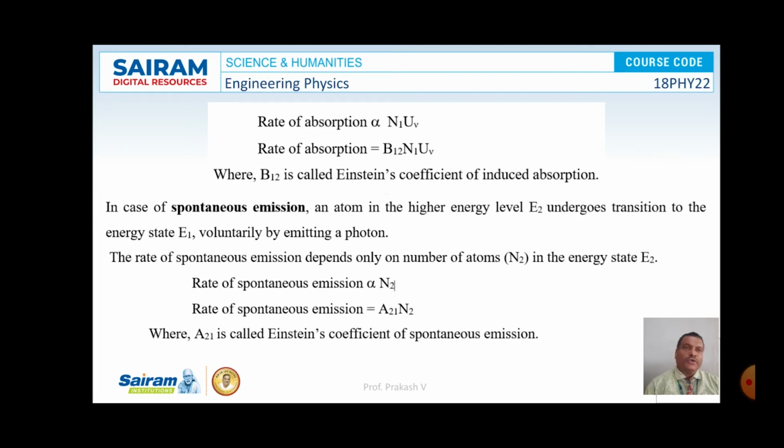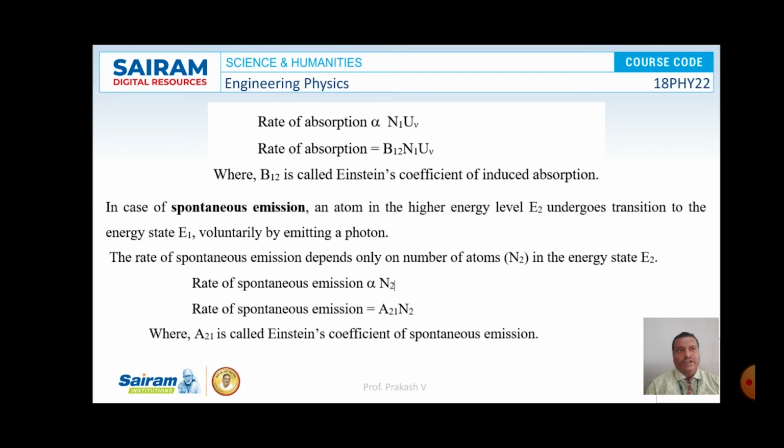In case of spontaneous emission, the atom which is at E2 level undergoes transition from E2 to E1 voluntarily, without the stimulation of any photon. So, in case of spontaneous emission, the atom voluntarily comes down to the ground state. The rate of spontaneous emission is the number of spontaneous emissions happening per second.